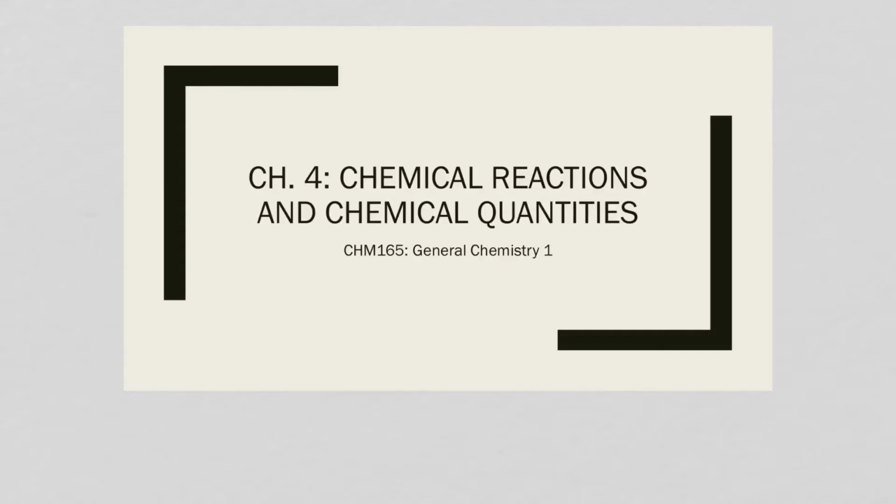So we're going to apply some of those things to quantify what we see in a chemical reaction. So without further intro, let's jump right into looking at balancing chemical equations.